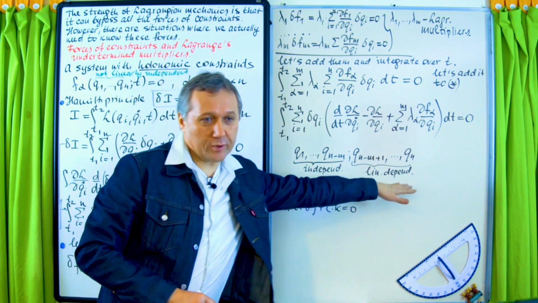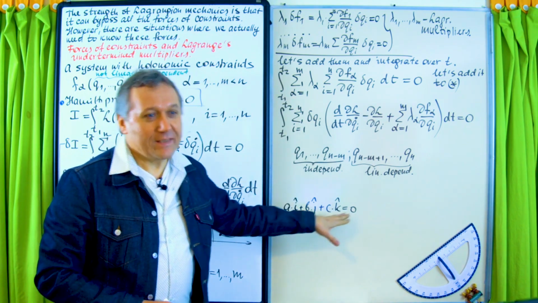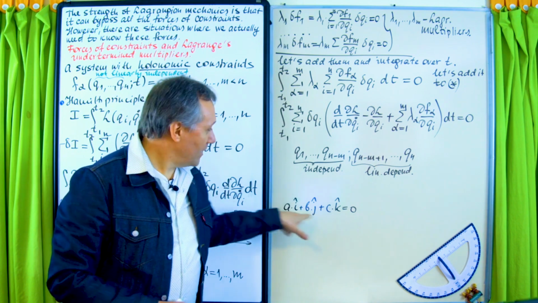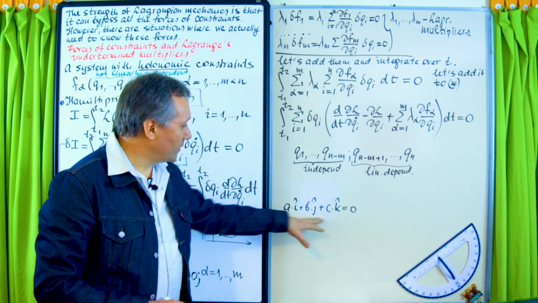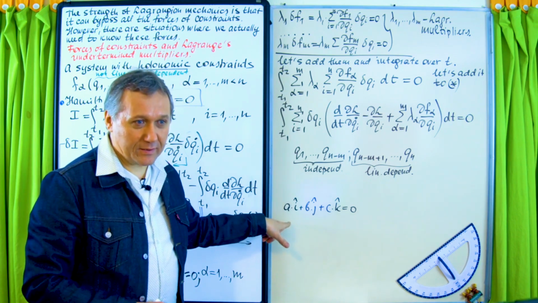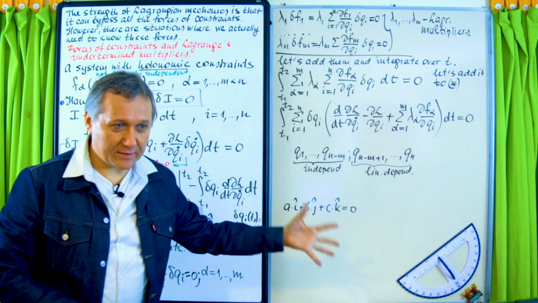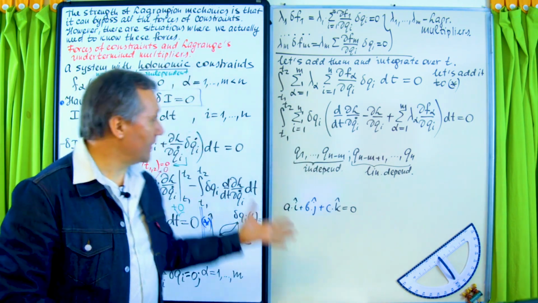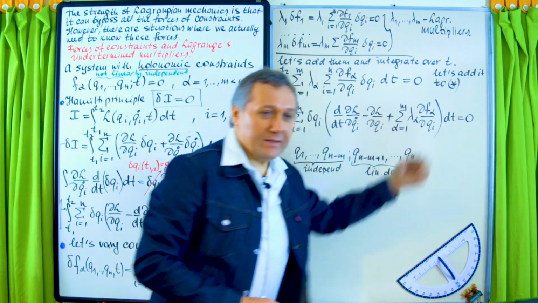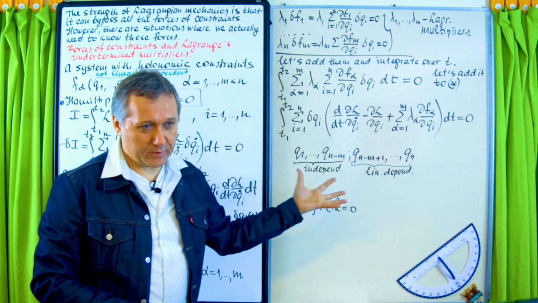So that's what we'll have at the end, once we manage to get rid of those terms. You will have only linearly independent terms connected to the linearly independent coordinates. As a result, those factors, these brackets, must be identically 0. So we have two steps, and as a result we can say that this bracket must be equal to 0.